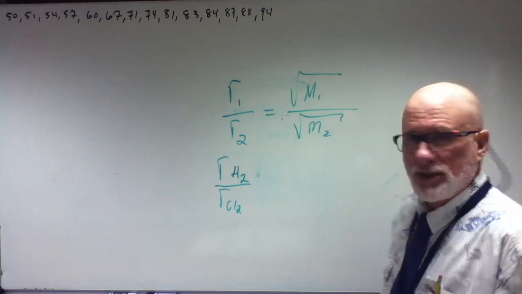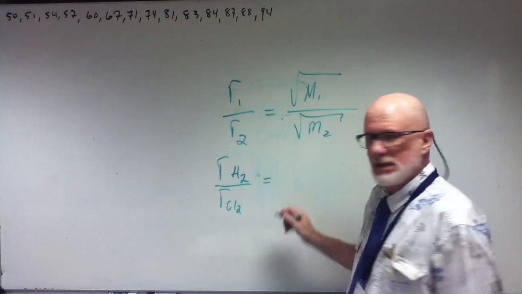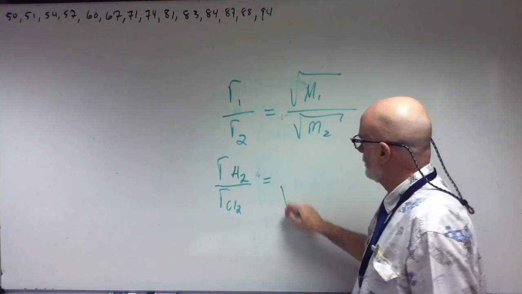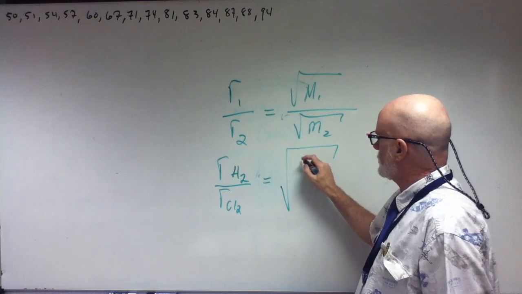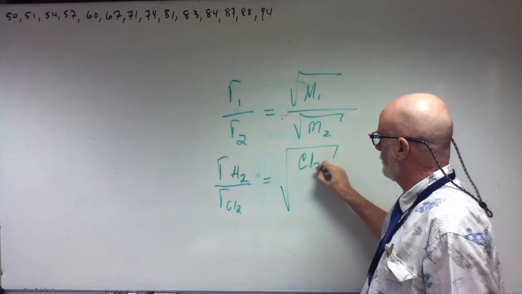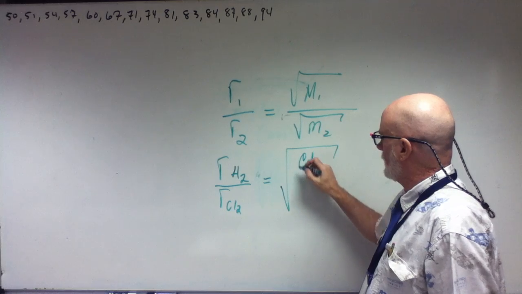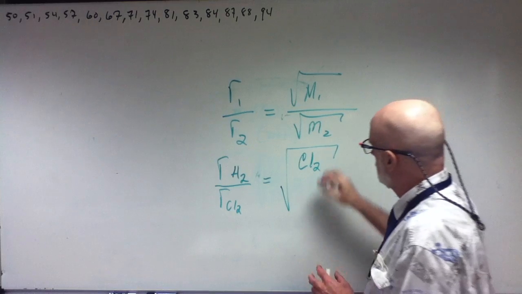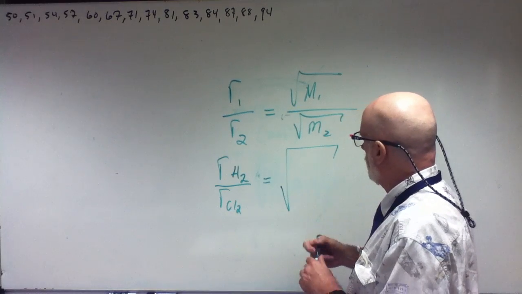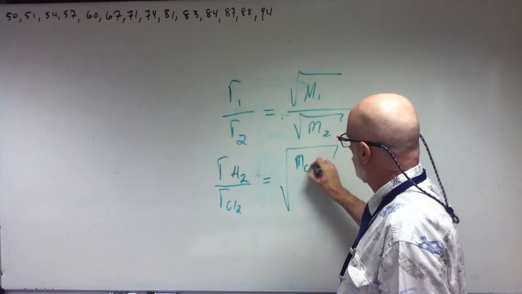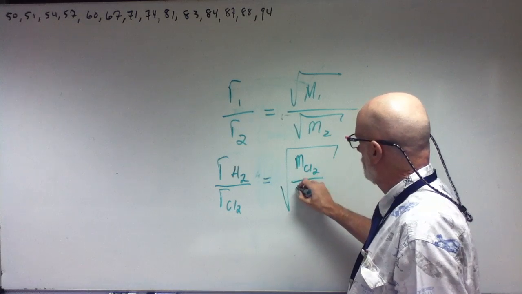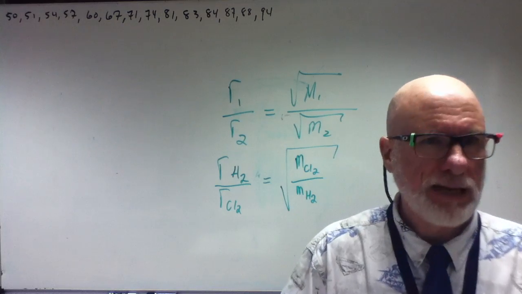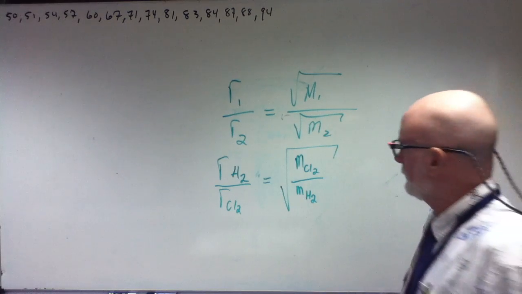Let's go back to what Will said, because in this way it may be a little bit easier to visualize. This is going to be the molar mass of chlorine over the molar mass of hydrogen. Right? So what is it?